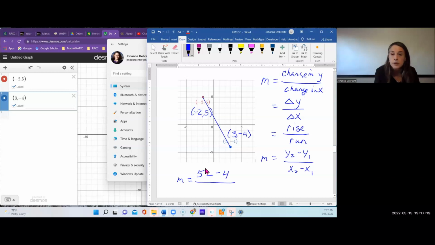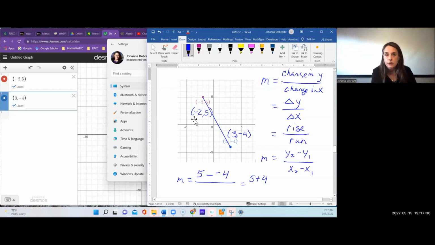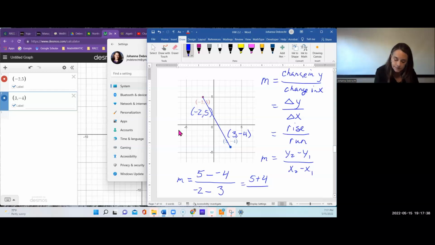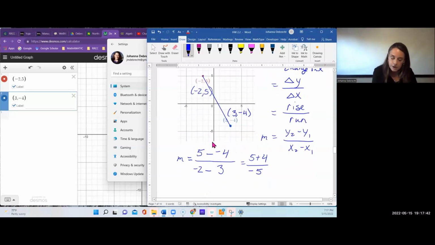That gives me a double negative, which becomes a plus. In the denominator, since 5 went first, its matching x coordinate must go first. So I must have -2, minus for the formula, and the other x coordinate is 3. Then I can combine the numbers in the numerator to get 9 over -5.